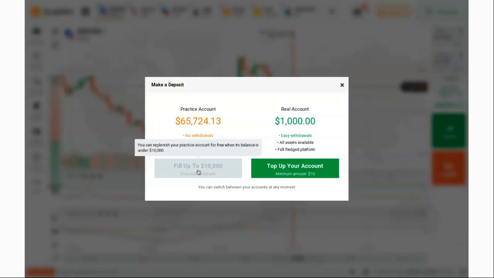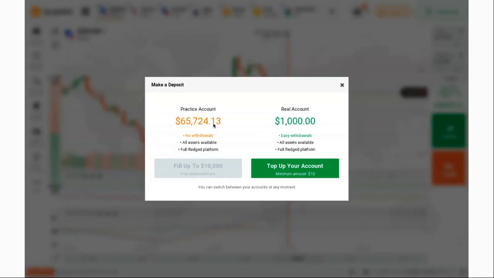We can top this up when it's low, but we can't when it's over. This is for you to practice. It doesn't make a difference if this says 65 million. It's practice money. You cannot withdraw your practice money. Be lovely if we could, but no risk, no reward. That's how trading works.